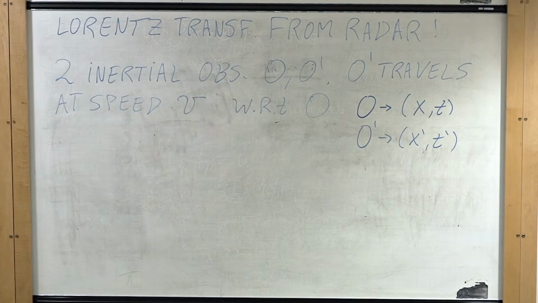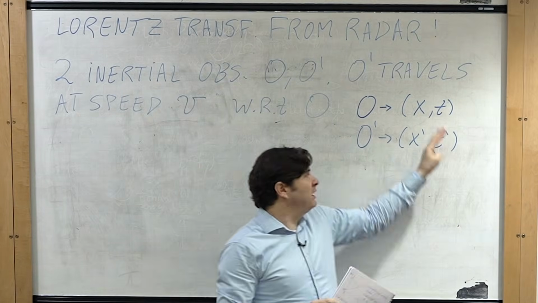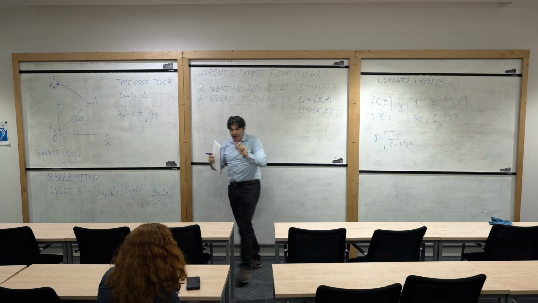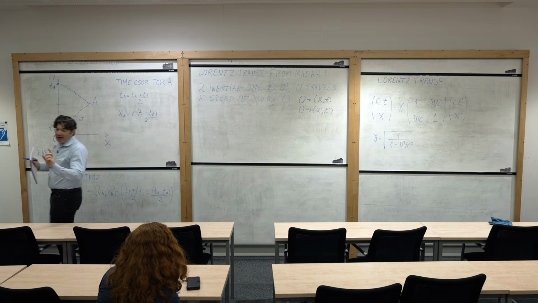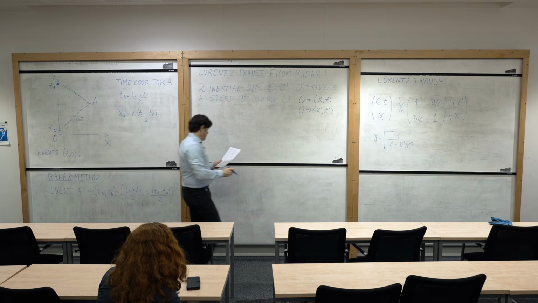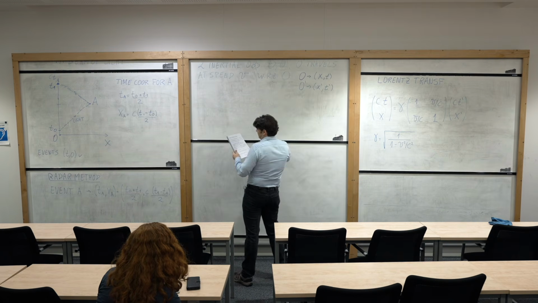And the question is, how are x and t and x prime t prime related? We will re-derive this just by throwing rays of light.